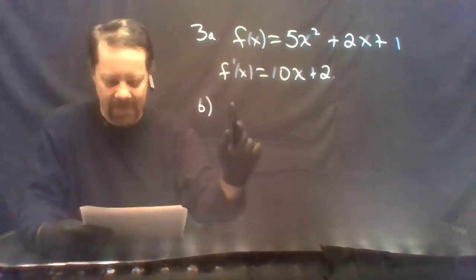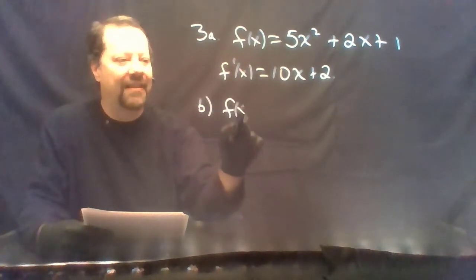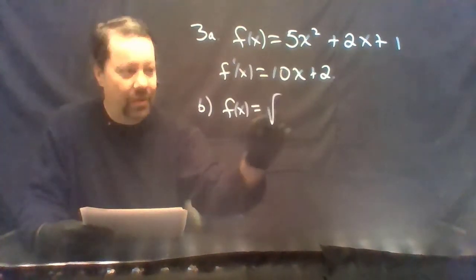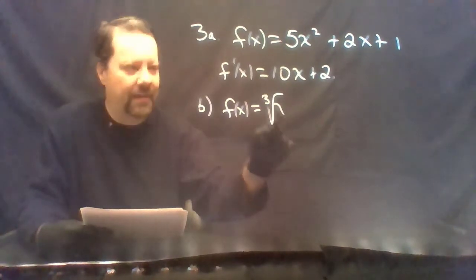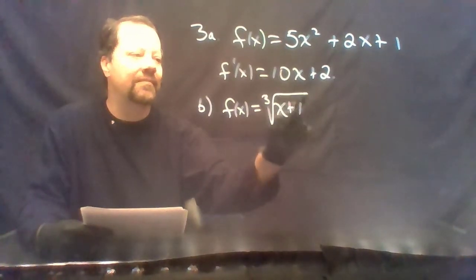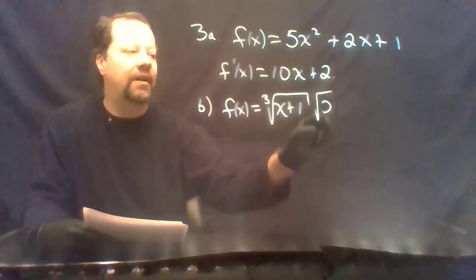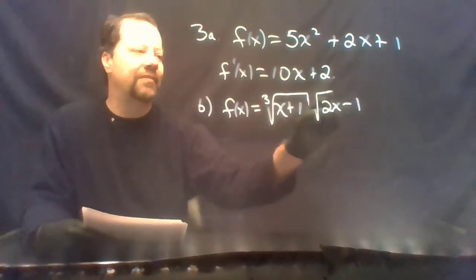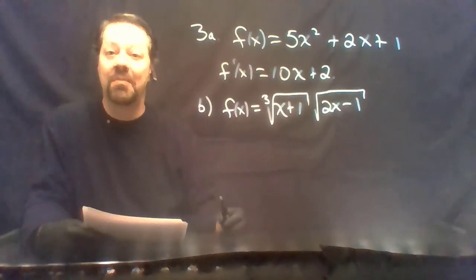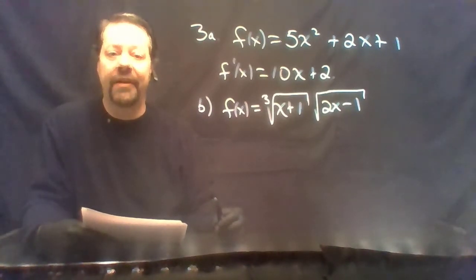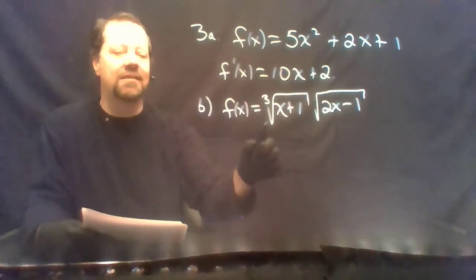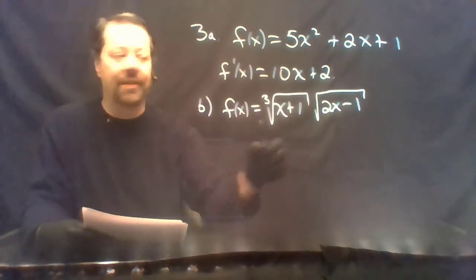On 3b, we have f of x equals the cube root of x plus 1 times the square root of 2x minus 1. Before attempting to calculate the derivative, you should convert the radicals into rational exponents.